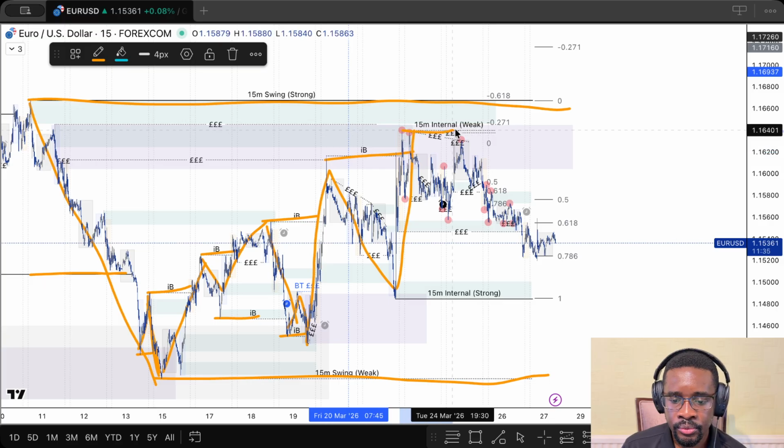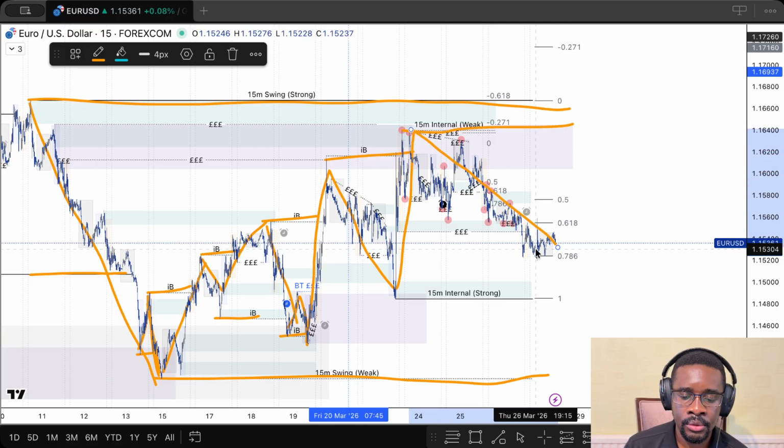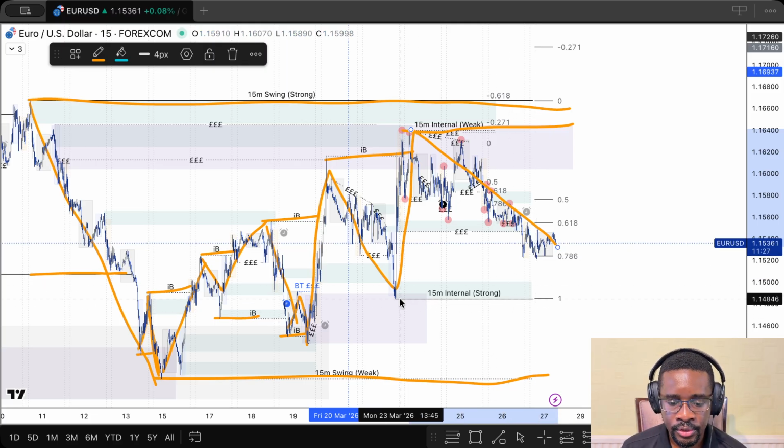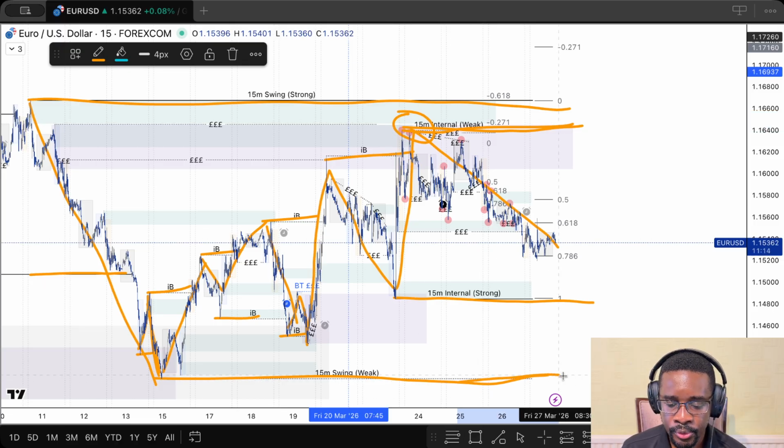And since then we are respecting these highs, and price is slowly retracing. So this is my internal strong, this is my internal weak, and we're coming off from 15 swing strong, which is a high, and possibly we could be targeting the swing weak low.